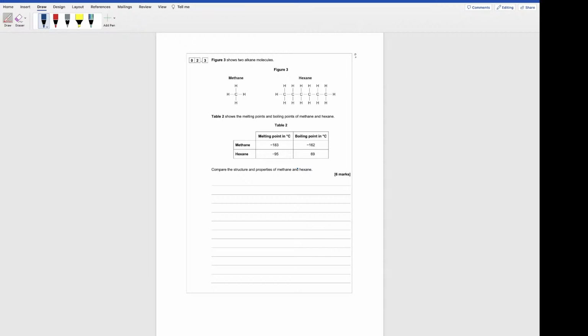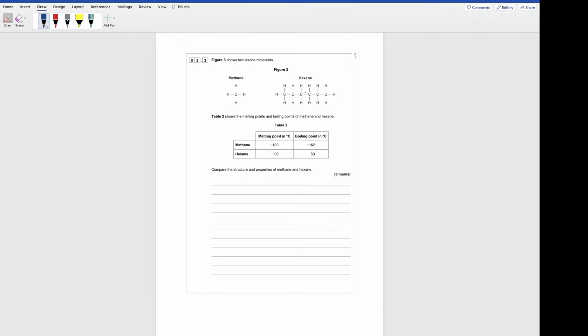So we have to compare what they're like, both in terms of structure, so how they're put together, and properties, so what they're like. So let's have a look at the structure first. So if you look at methane, the structure of methane is that it's got 1 carbon and 4 hydrogens, all connected by single bonds. Hexane has got 6 carbons and 14 hydrogens.